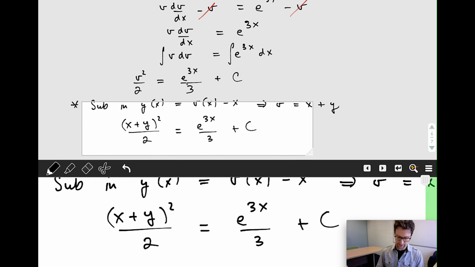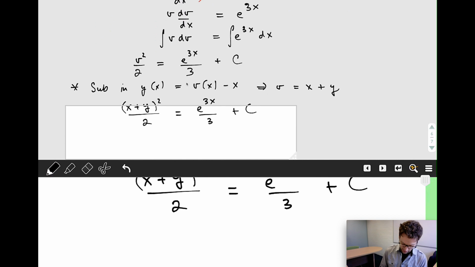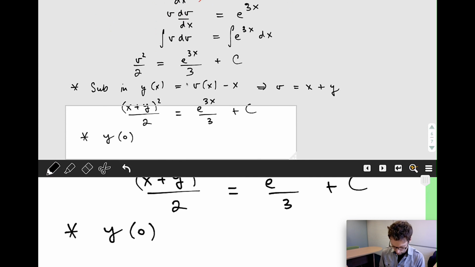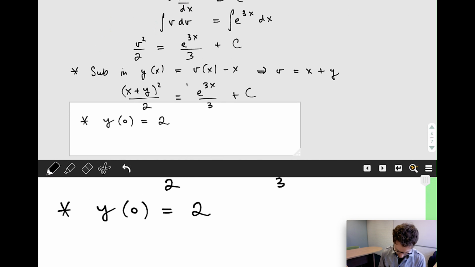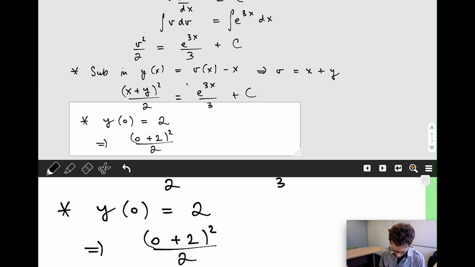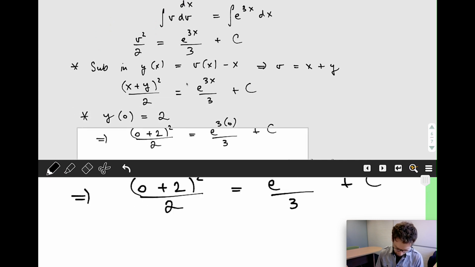Now I still need to fix the constant c, so I'm going to do that using the additional piece of information that when x is equal to 0, y is equal to 2. So let's use that. Putting that in gives me x is equal to 0, y is equal to 2, all squared, over 2 is equal to e^(3 times 0) over 3 plus c.